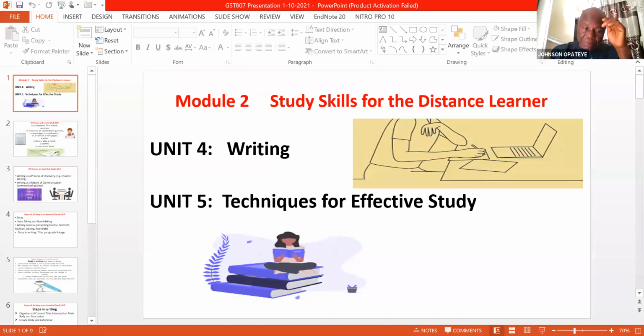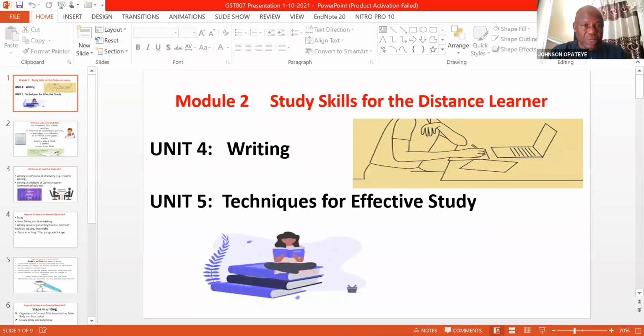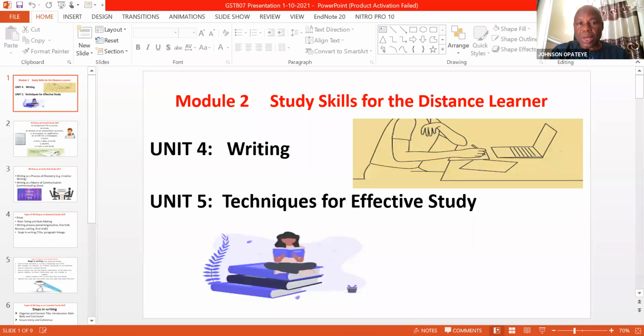So let's look at the screen to see what we have for the day. I told you the day before last week that we'll be looking at Module 2, Unit 4 and 5 today. Last week, we looked at Unit 1, 2, and 3 that actually focused on reading, speaking, and listening.